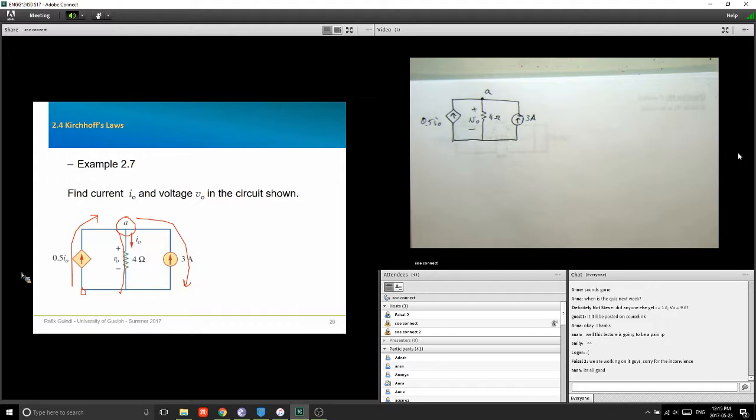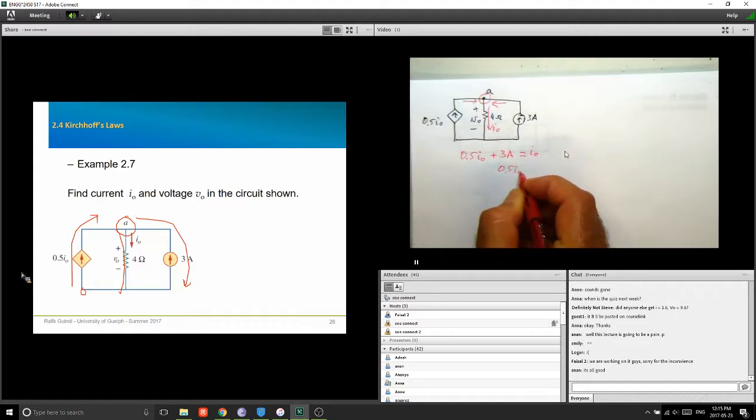So I have this equation: 0.5 I naught plus 3 amps equals I naught. From here, I naught minus 0.5 I naught, that's 0.5 I naught, equals 3 amps, which means I naught equals 6 amps. So that's the first part of the solution: I naught is 6 amps.